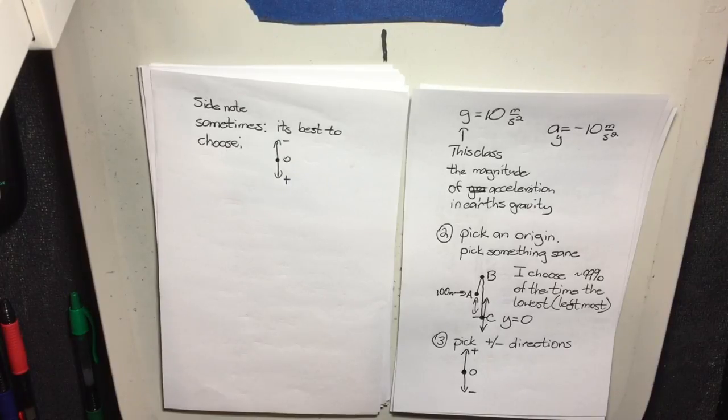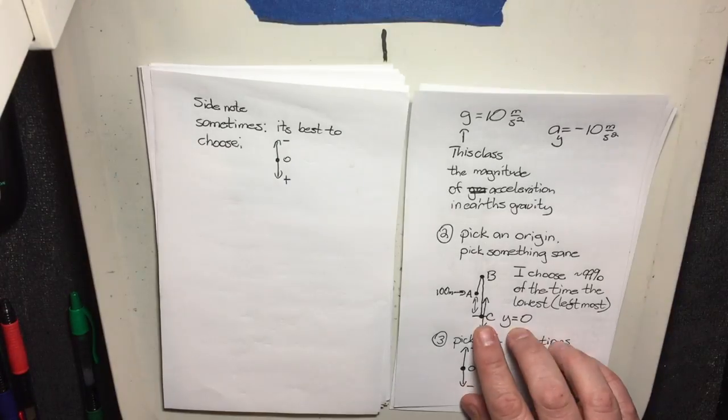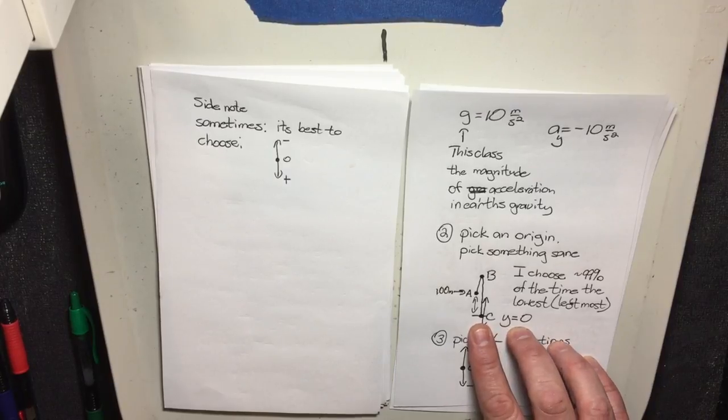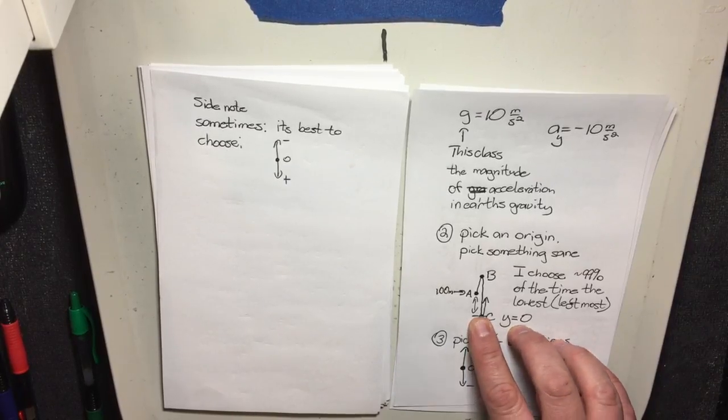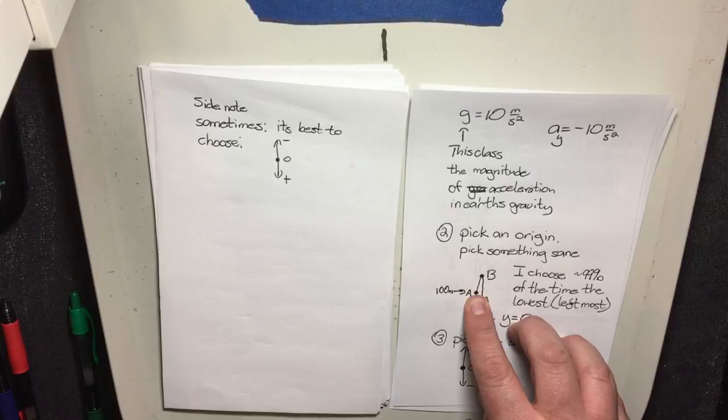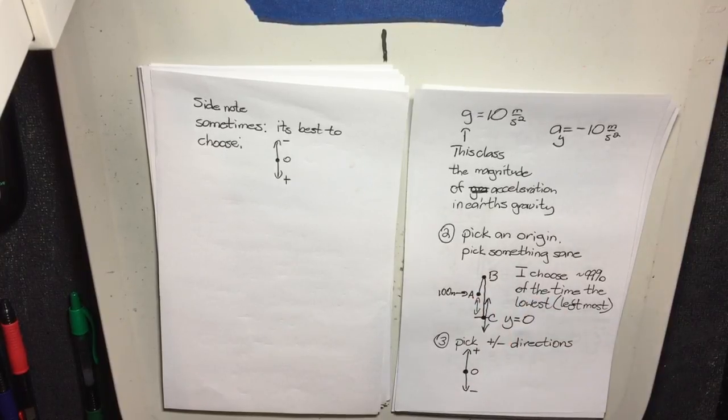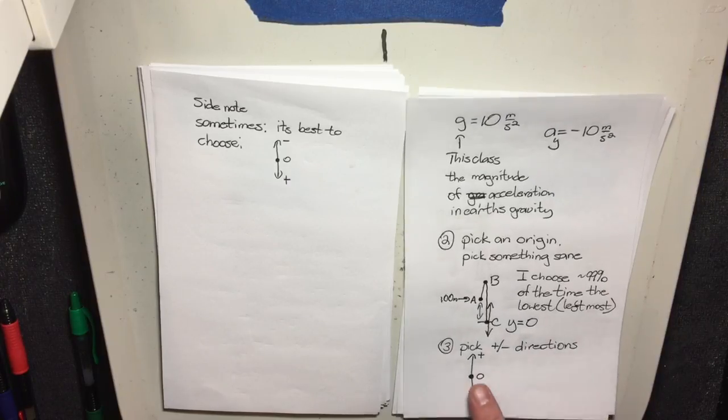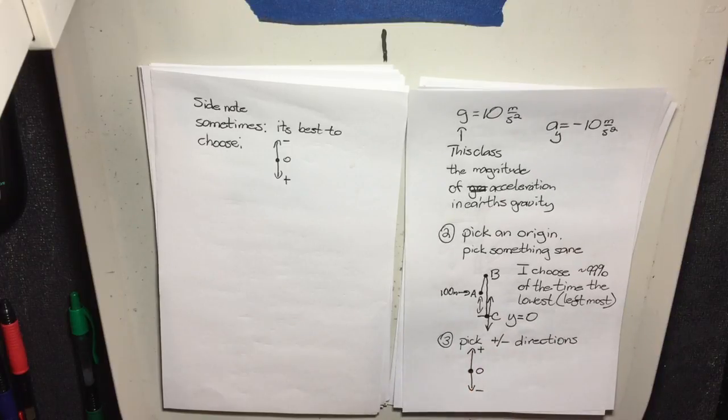So sometimes it would be better to choose C as 0 and A as negative 100 in some cases. And since this is just beginning problem solving, we'll go into it more. But for right now, we're just going to keep with this.